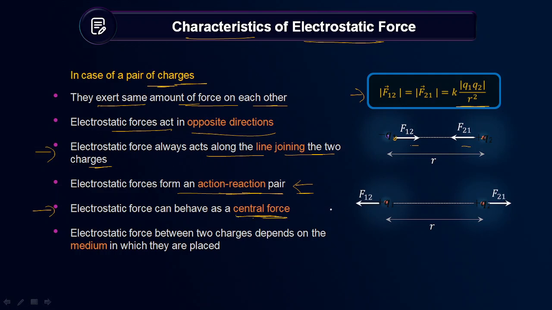A central force is a force acting along the line joining, or along a fixed point. Suppose this charge starts moving; the force will be towards or away, along the line joining these two charged particles. Those are called central forces.